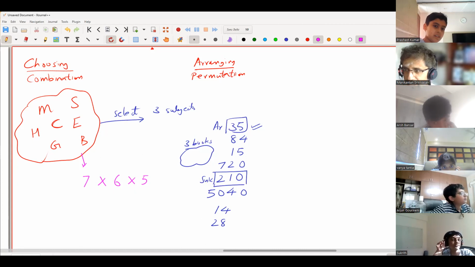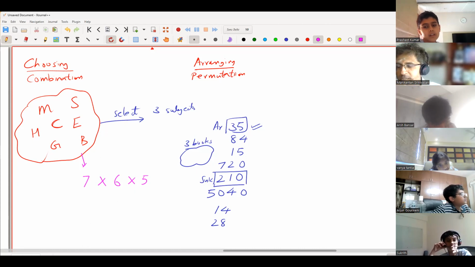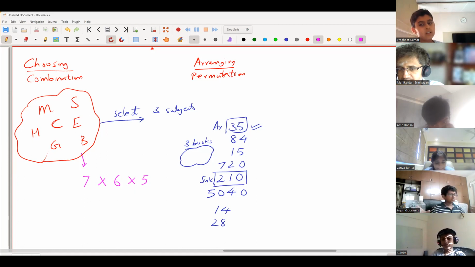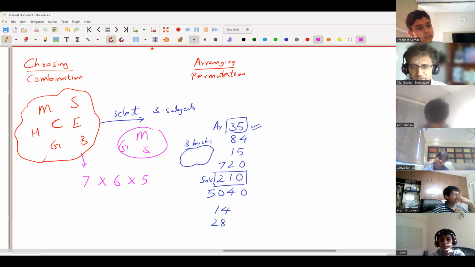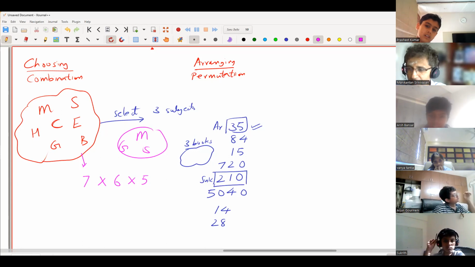Yes, sir. But do you see a problem in this, Sukrit? Yes, sir, I see it. What is the problem? Sir, let's say the first one you pick is English. In this example, it was G, M, and S, but then you can even do M, G, S, so that's why it won't work.